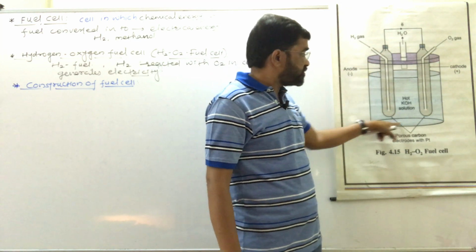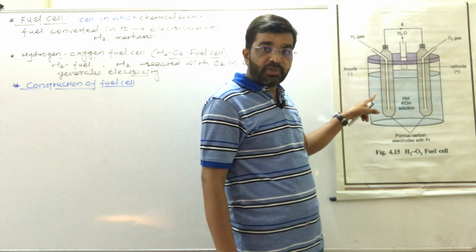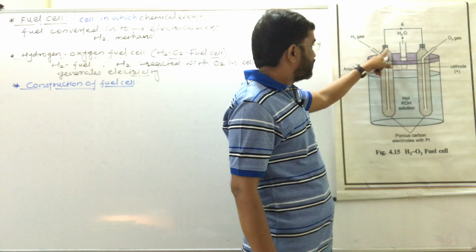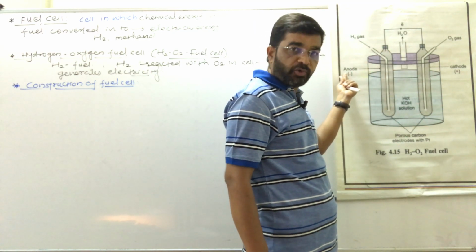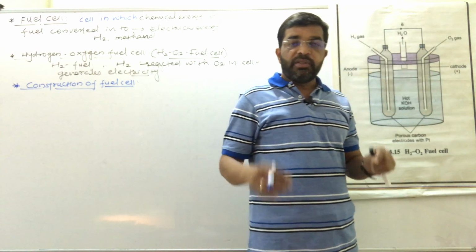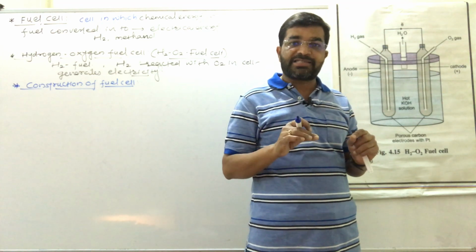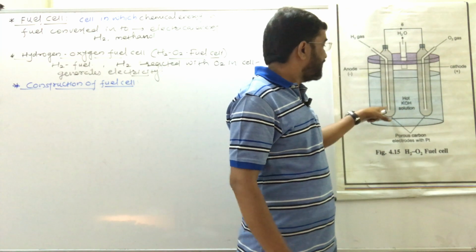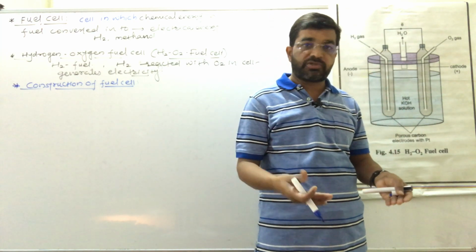It has a long cylindrical vessel, and in this vessel two graphite electrodes are used: this cylindrical electrode is used as anode, and this electrode is used as cathode. In these electrodes, catalysts like platinum and antimony are incorporated to make the reaction take place fast.